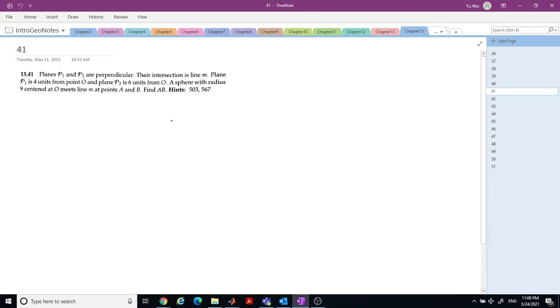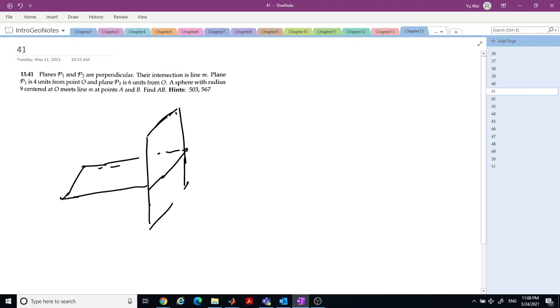Okay, so let's draw a plane. So we have a plane of P1 and P2, then the line is M, right?